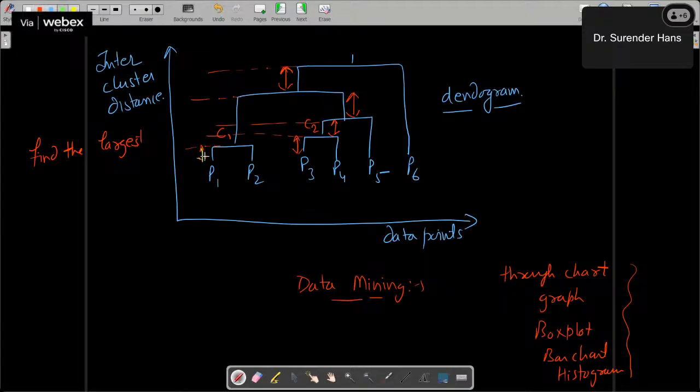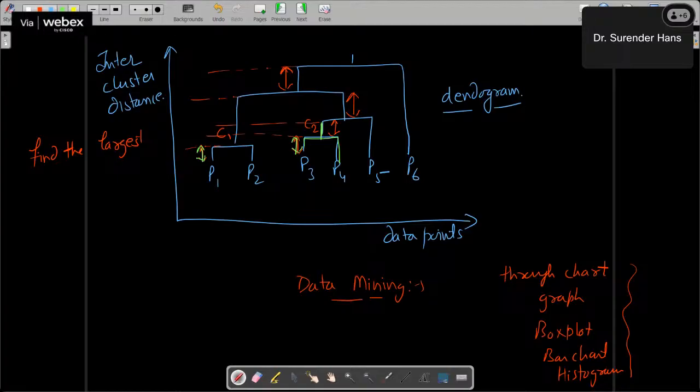This shows the distance between the two clusters. This one is the intercluster distance. This one is the distance between these two clusters, P3 and P4.